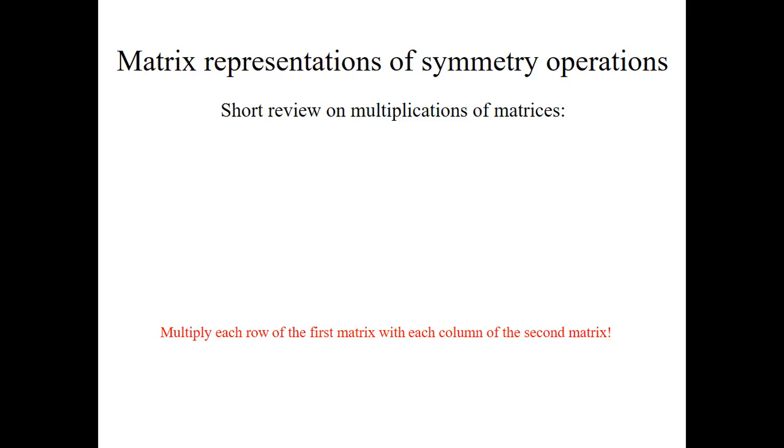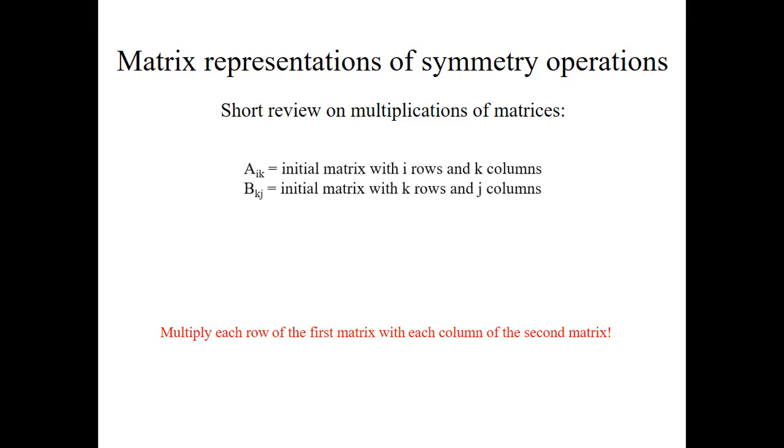And when you multiply two matrices with each other, then what you do is you multiply each row of the first matrix with each column of the second matrix. And that gives you the so-called product matrix of the two.